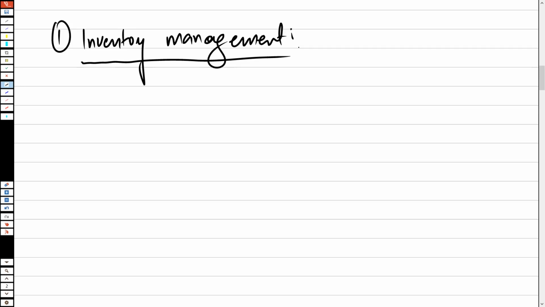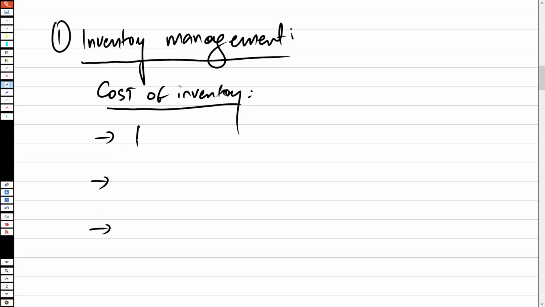When we talk about inventory management, inventory usually has a cost. The cost of inventory is majorly made up of three things. What are these three things? One of them is called purchase price.